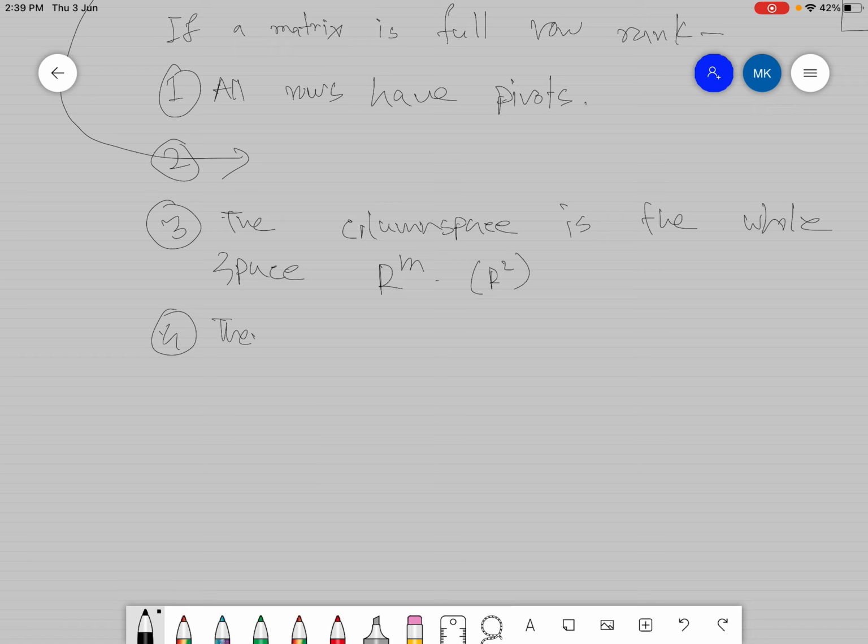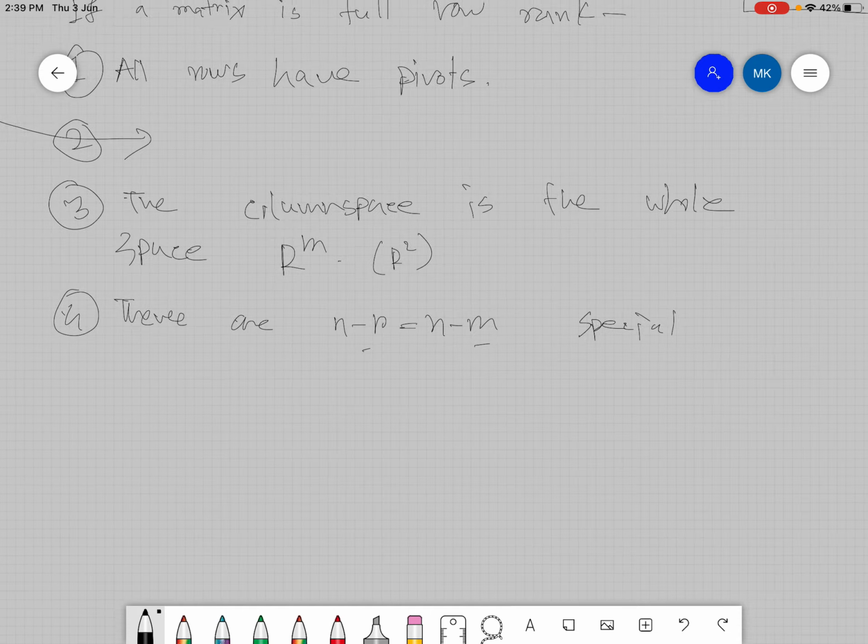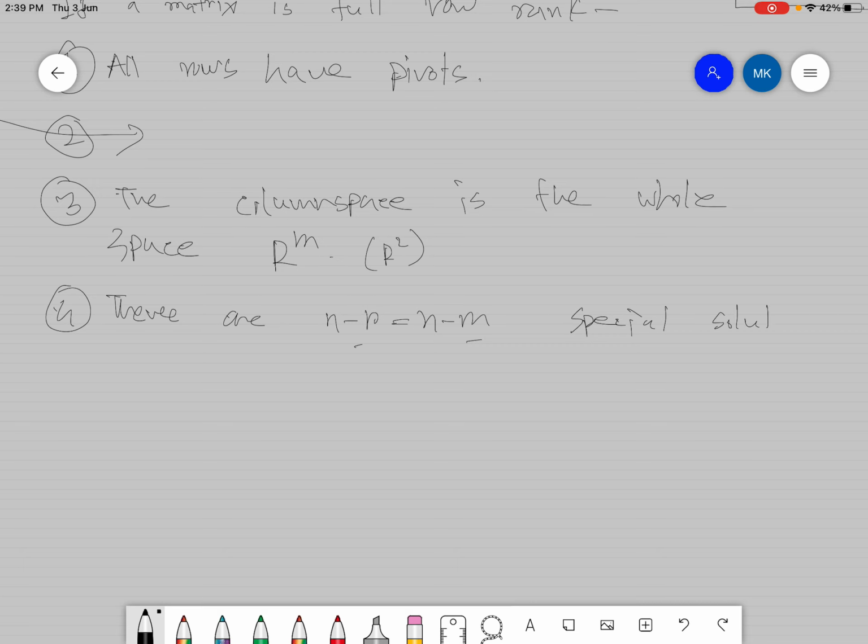There are n minus r, that means n minus m, because r is equal to m, free variables. So as there are n minus r free variables, there should be n minus r special solutions as well. So there are n minus m special solutions in N of A.